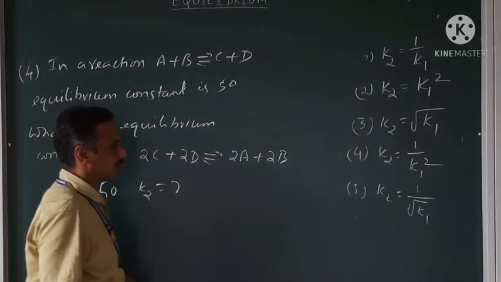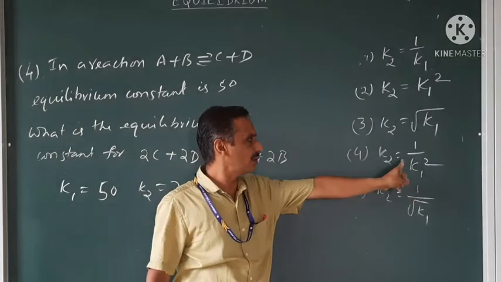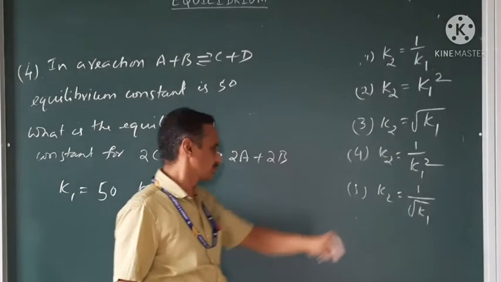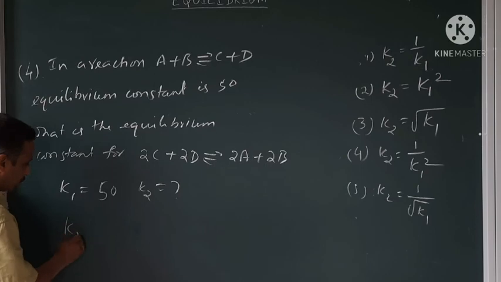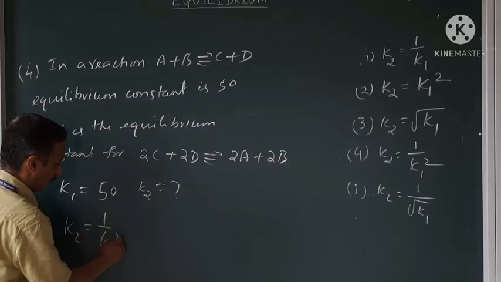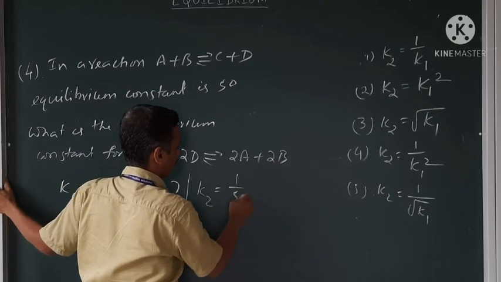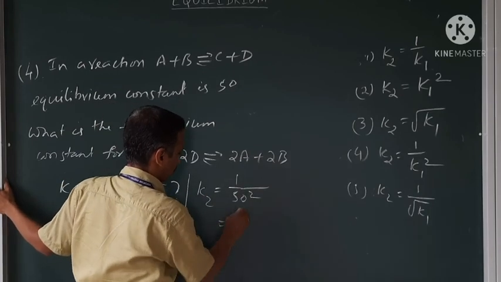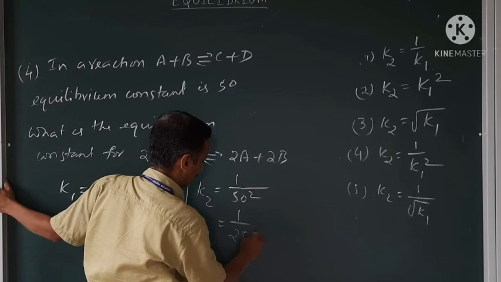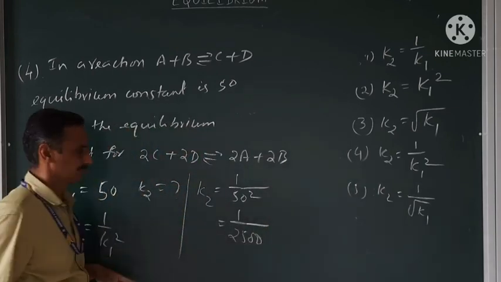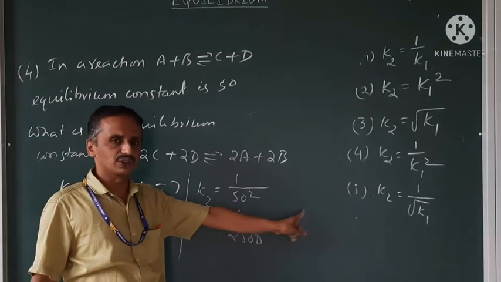Which formula have I used? I reversed and doubled, so the fourth formula I have used. So K2 is equal to 1 over K1 square. That is K2 is equal to 1 over 50 square, that is 1 over 2500. Calculate it, you get the answer for this.